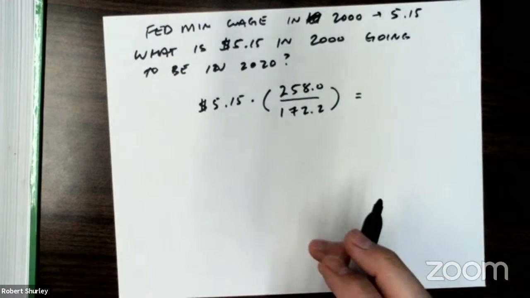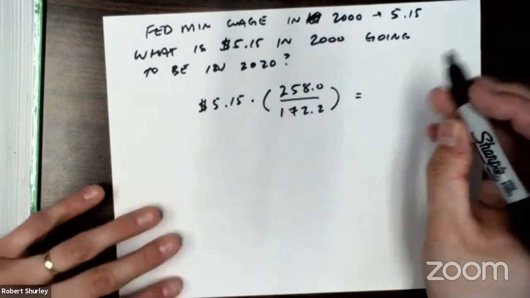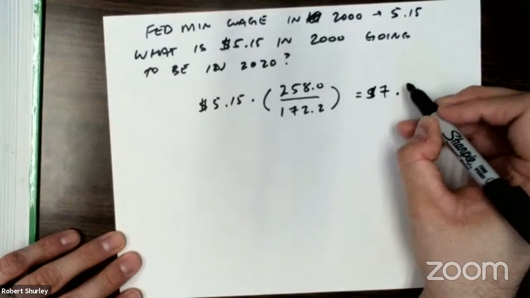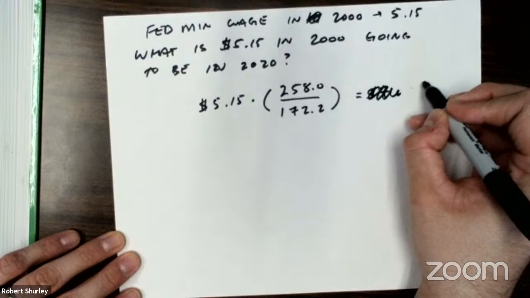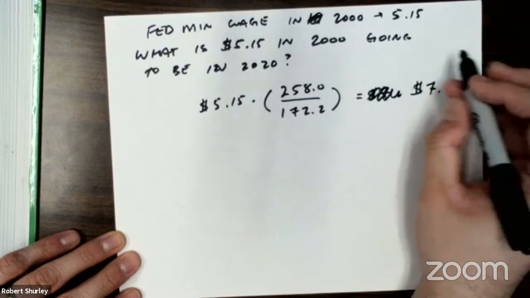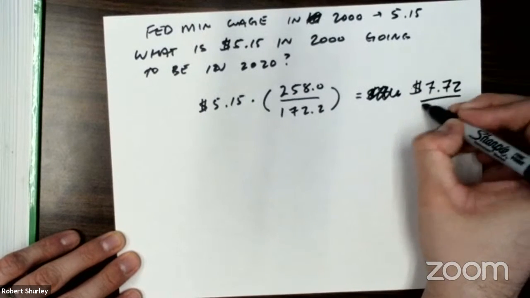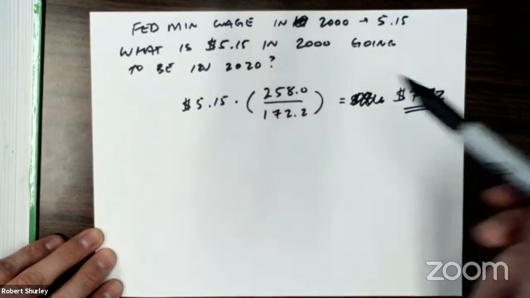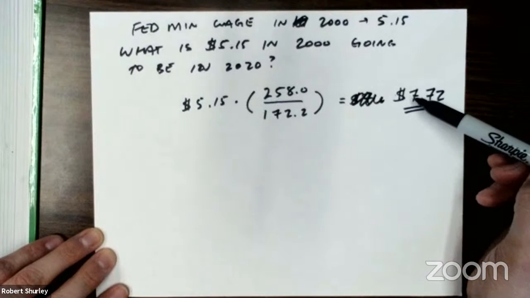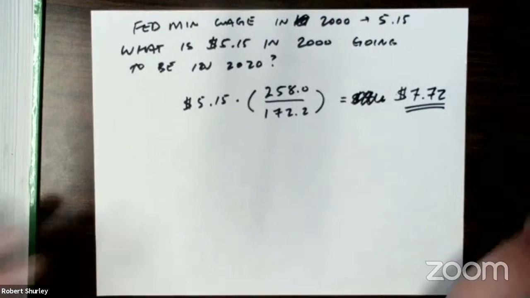We wind up with, you know what? Not too far off from what it currently is. $7.71. Actually, hold on. No, that's how it would be. It's $7.72. So $5.15 in 2000 will buy the same amount as $7.72 in 2020.